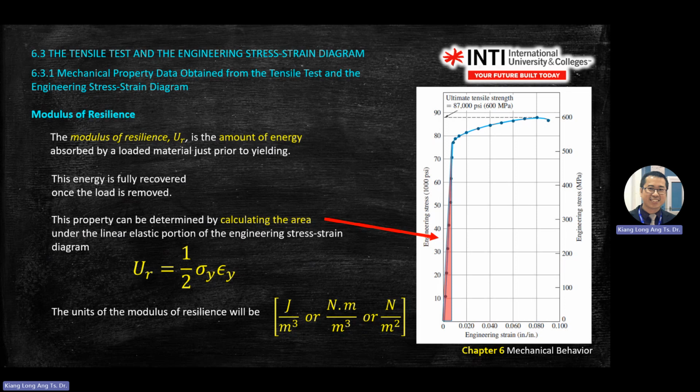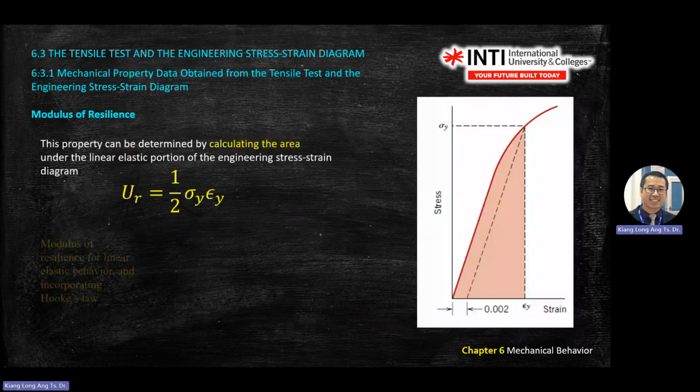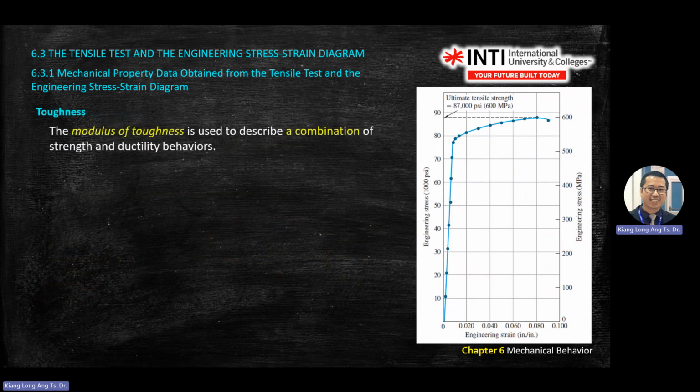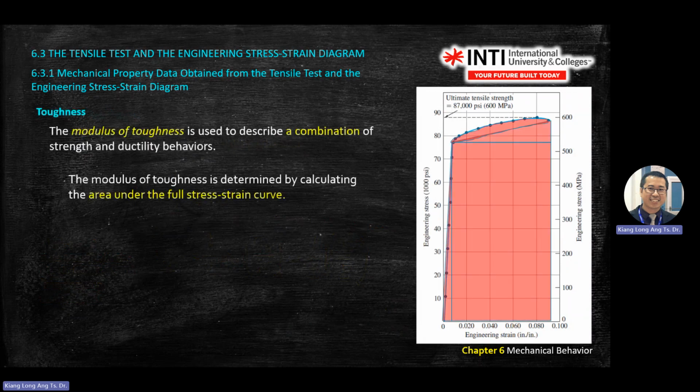Like you fix the Newton, and then you see which one is easier to deform. The application for modulus of resilience is more on material selection for engineering design.